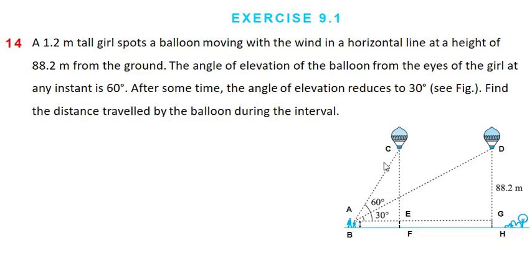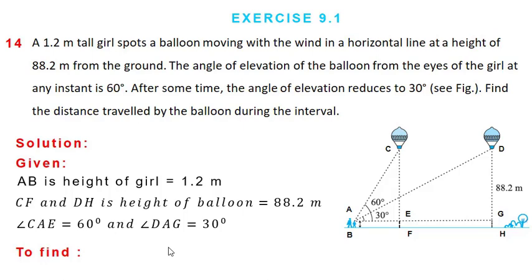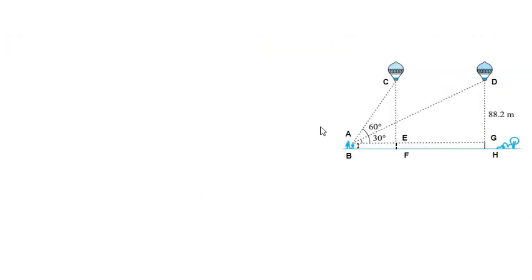What is given? We are given the angle of elevation for the two positions of the balloon. We are given the height of the girl. We are given the height of the balloon from the ground. So from this given information, I will first choose triangle ADG. But before that, see that ABHG is a rectangle. So therefore I can say that AB is equal to GH, equal to 1.2 meter.